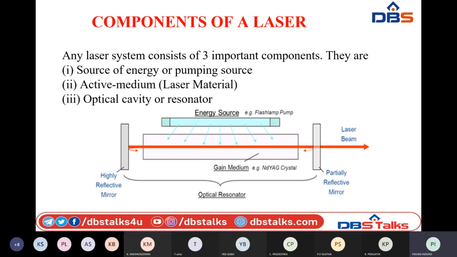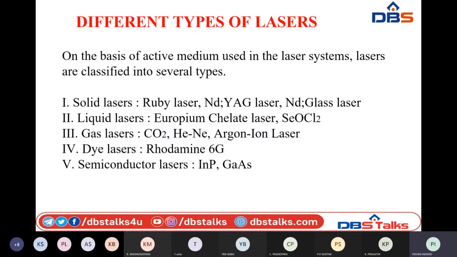So these three are required for the generation of light from the laser. Next, coming to the different types of lasers available, as I have already told you, based on the active medium we use in the components of laser, we have different types of lasers. Those are solid lasers, where the medium is a solid, for example the ruby laser, Nd:YAG laser and Nd:glass laser.